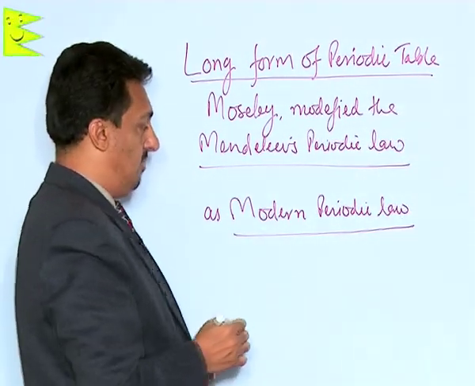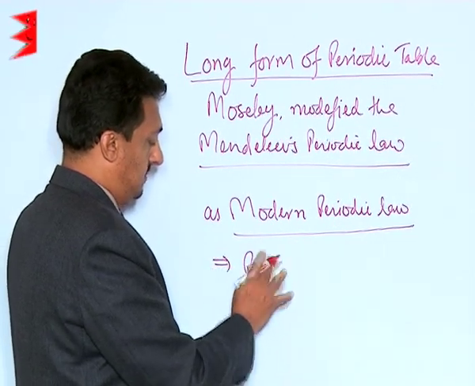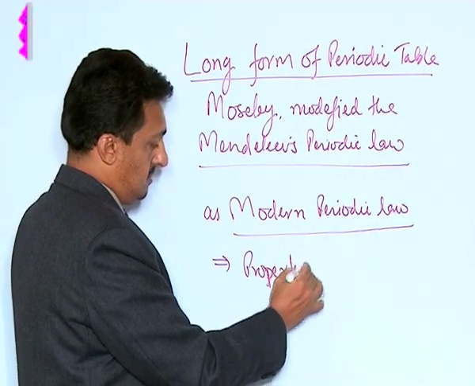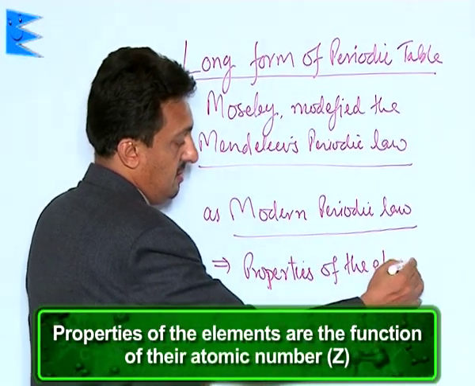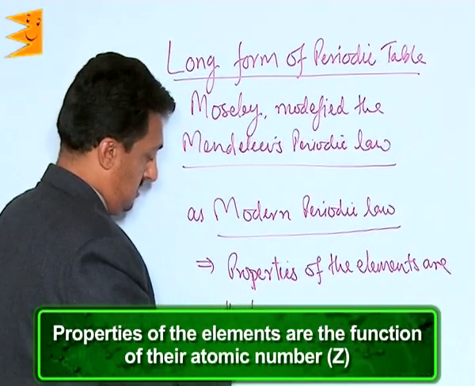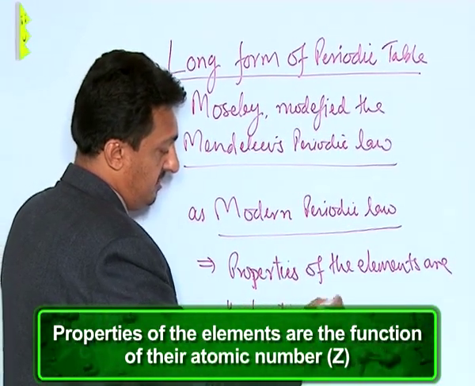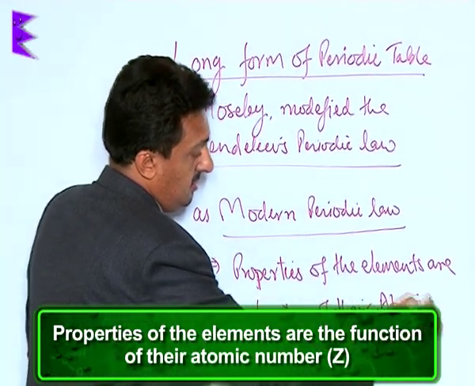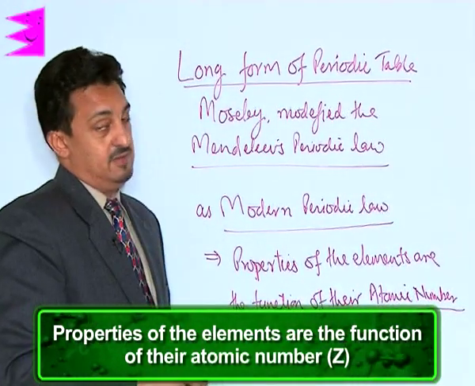Now this modern periodic law states that the properties of the elements are a function of their atomic number and not atomic mass.